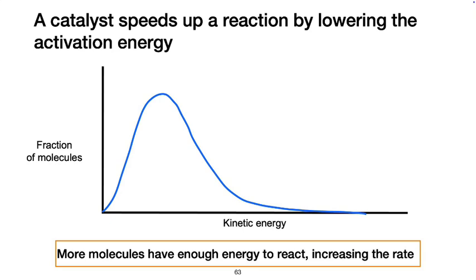What does the curve look like if it's got a catalyst? Should I squish it even further? Okay, so I'm going to move the activation energy. I'm looking at a standard temperature. We could pick our low T as our standard.